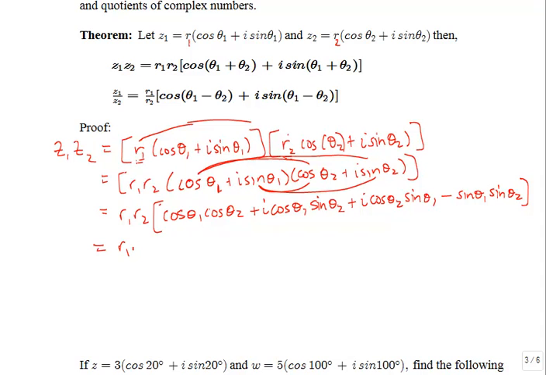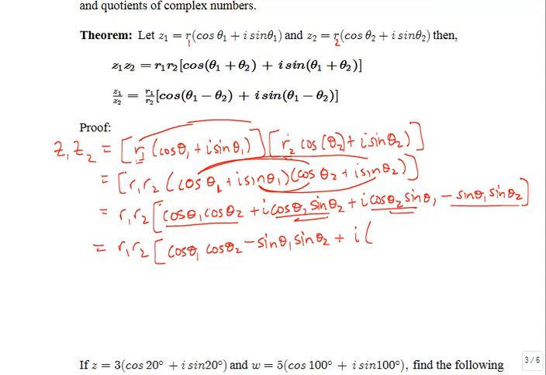Okay, now that I have this all distributed, let's regroup these a little bit. I'm going to put this one and this one together because they don't have an I. And then I'm going to take these and put those together after factoring out the I. So I'm going to pull the I out of both of these, and I'll be left with cosine theta 1 sine theta 2 plus cosine theta 2 sine theta 1.